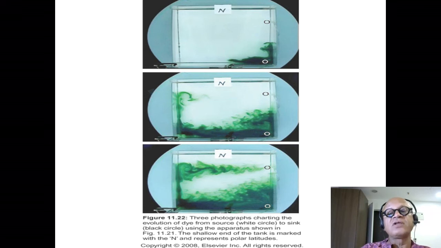Again, we call it western boundary intensification because the western boundary currents are narrow, strong, and shallow. Remember we said that the abyssal flow is so slow that you cannot measure it. That's true for the interior, but as we talked about Stommel, it is measurable on the western boundary because that boundary current is strong.